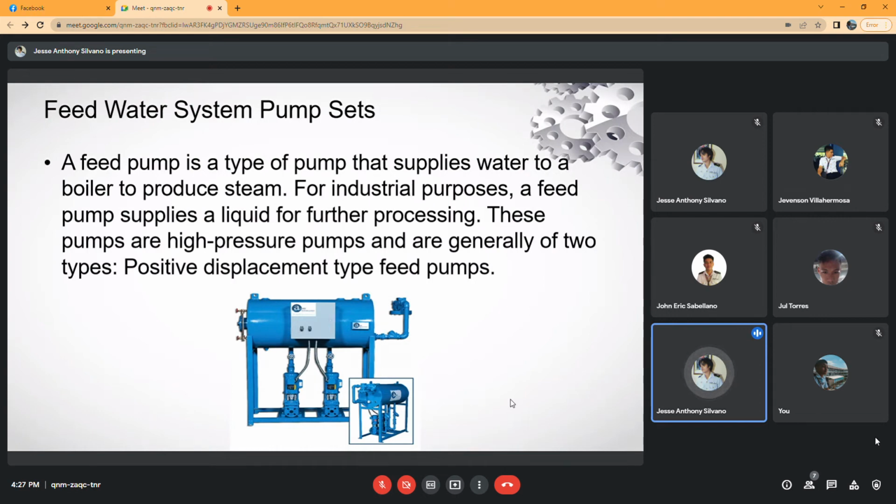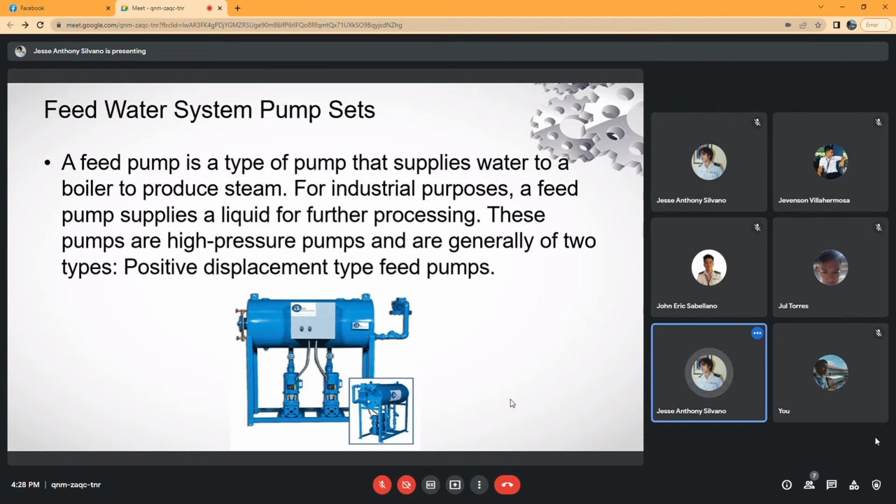Next is the feed water system pump sets. A feed pump is a type of pump that supplies water to a boiler to produce steam. For industrial purposes, a feed pump supplies a liquid for further processing. These pumps are high pressure pumps and generally have two types: displacement and positive displacement type feed pumps.